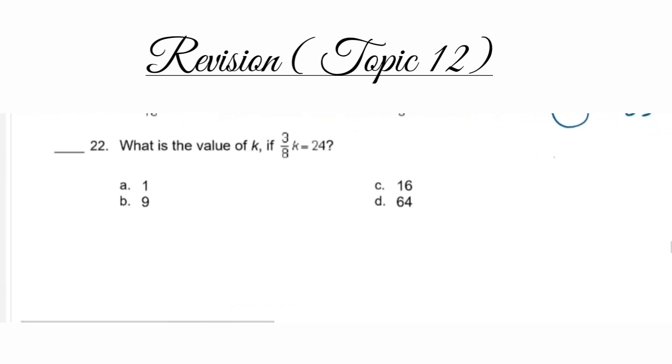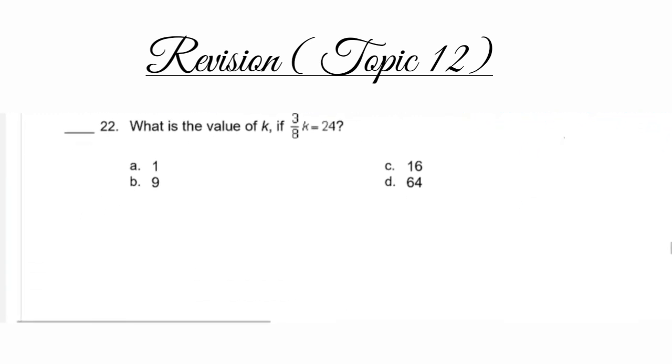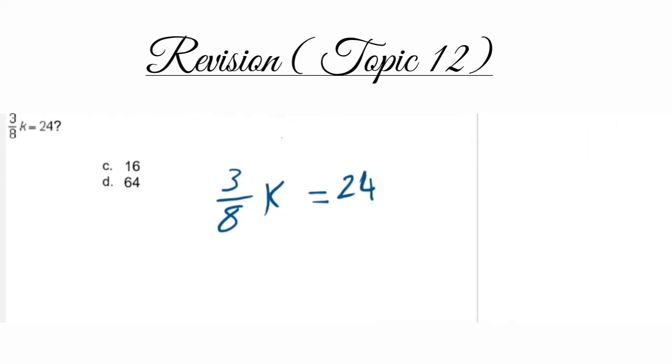And the last question, question number 22, we have the equation 3/8 k equals 24. Okay, let's solve this equation. We need to remove 3/8 from this side, so do the inverse operation of multiplication, because here we have multiplication. So do the opposite, the inverse operation, which is division. So divide by 3/8.